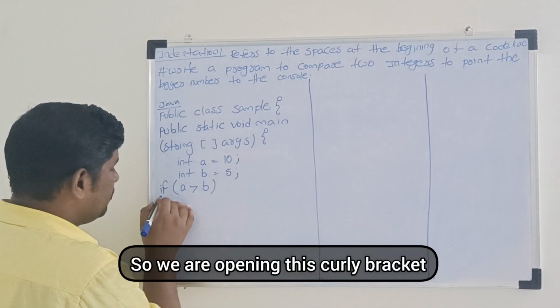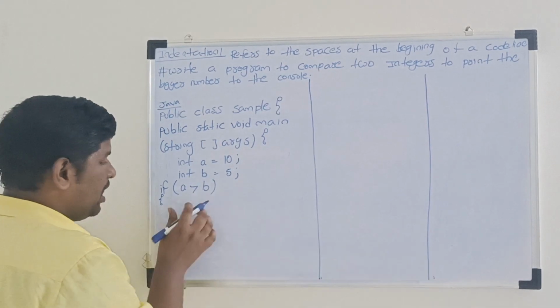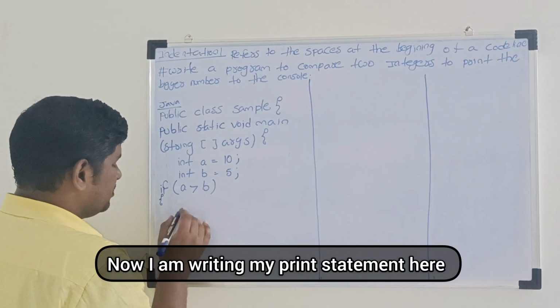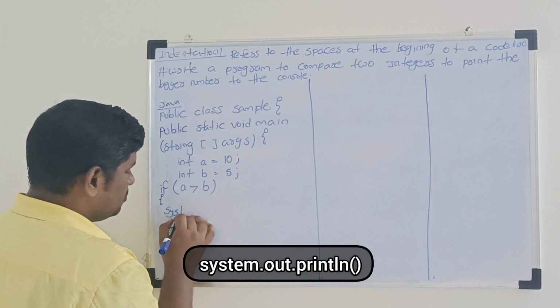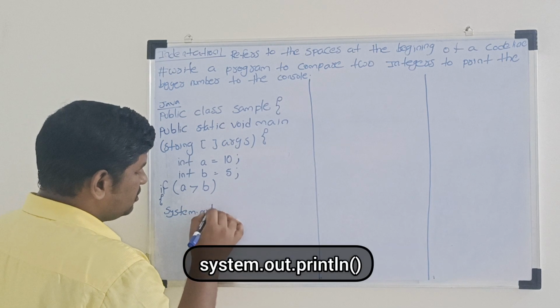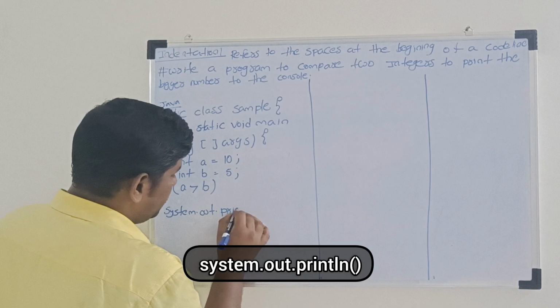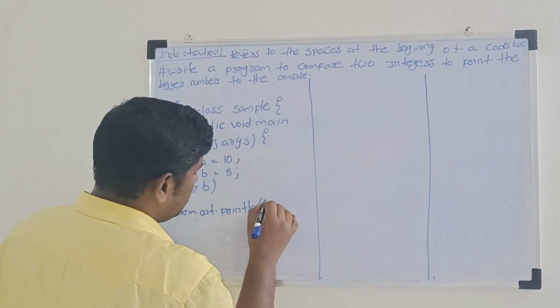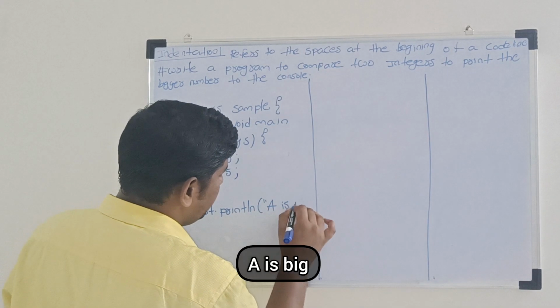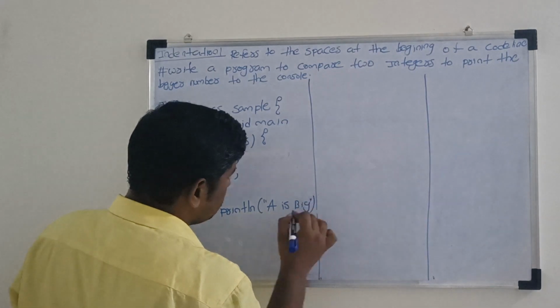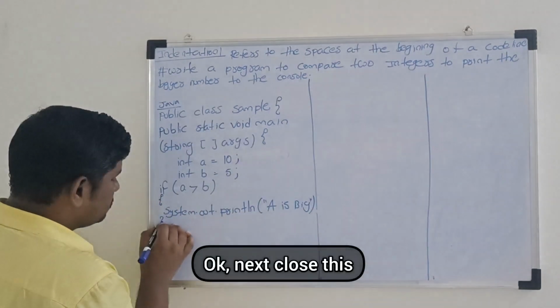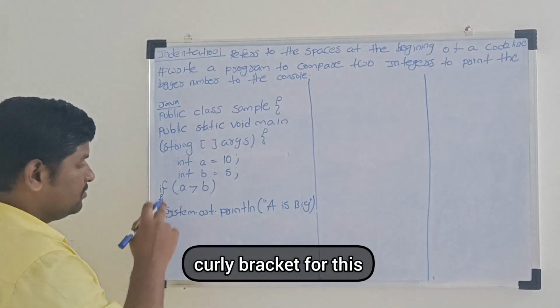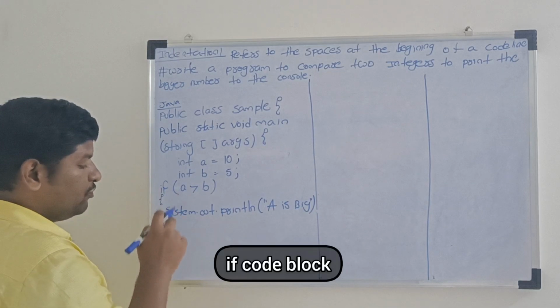So opening this curly bracket, now I'm writing my print statement here: System.out.println, a is big. Next, close this curly bracket for this if code block.